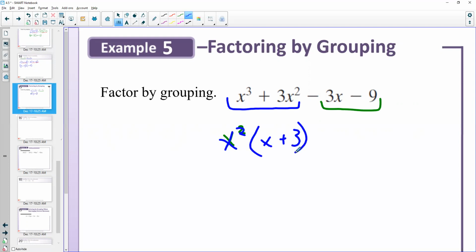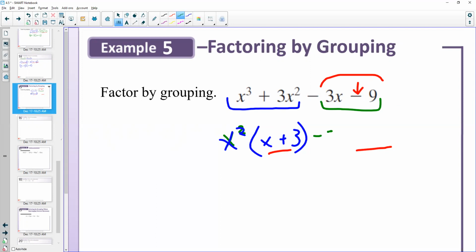Now the whole idea is that I want this binomial and this binomial to match. The only way I can do that is to pull a negative factor out of here because I want this sign to become a plus. So instead of just factoring out 3, I'm going to factor out negative 3.